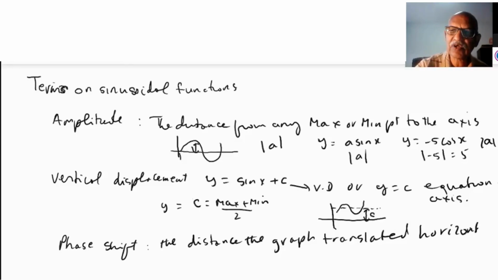So phase shift is always the value of x whatever makes the bracket equal to 0. If I have sine of x minus d, d is my phase shift.